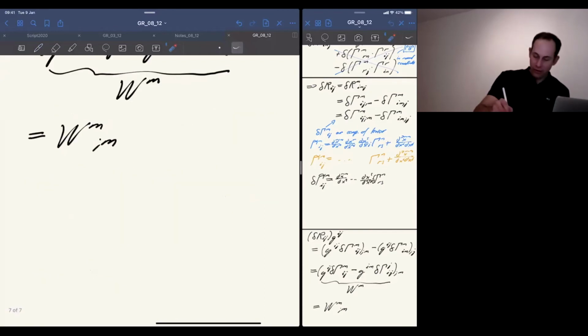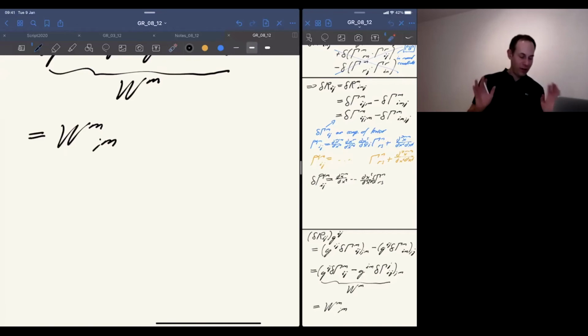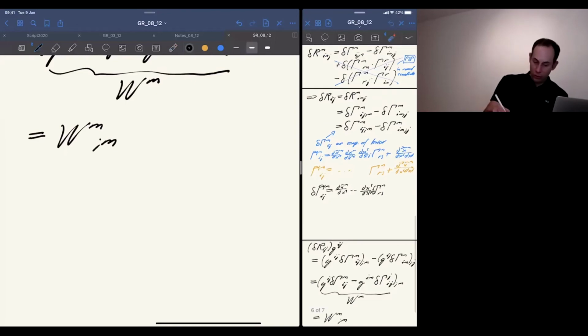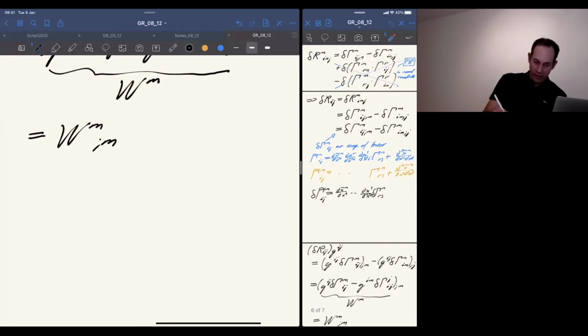So let's now just summarize the whole calculation. Now we are close to the end of this very long calculation. So what we wanted to do, remember, is to essentially look at the variation of the Einstein-Hilbert action.